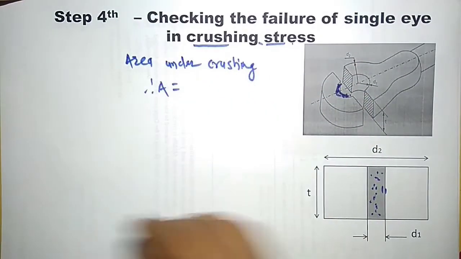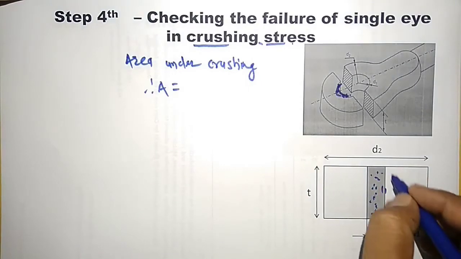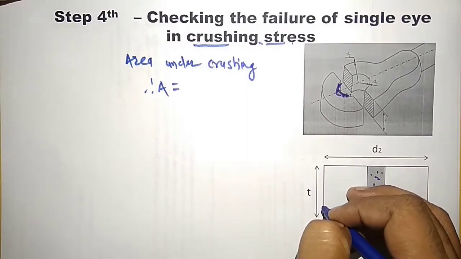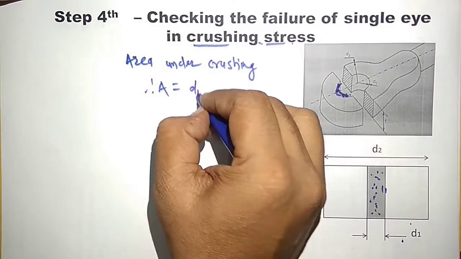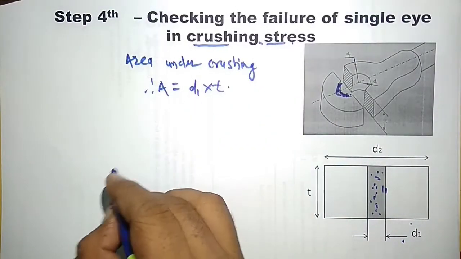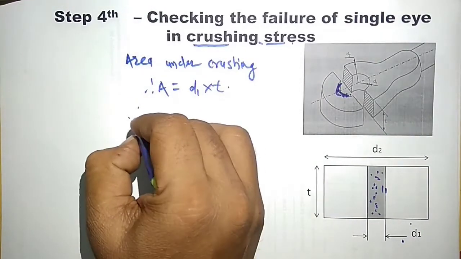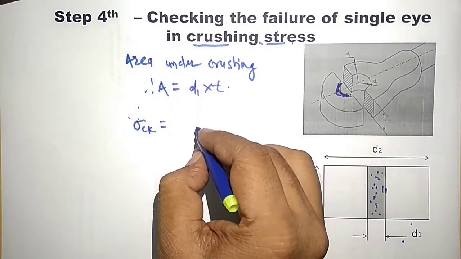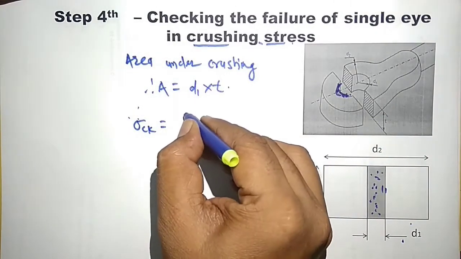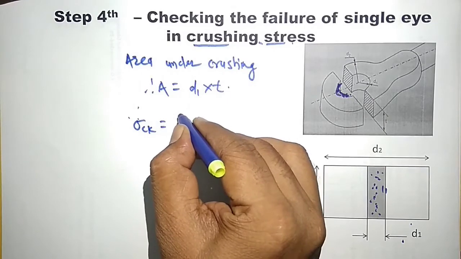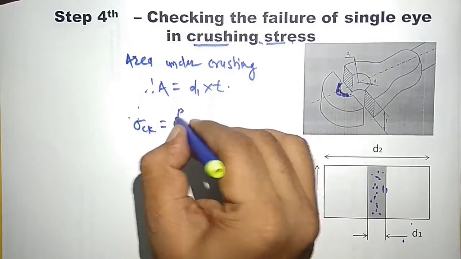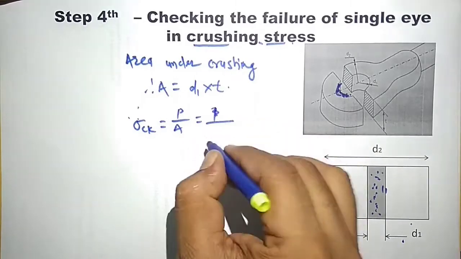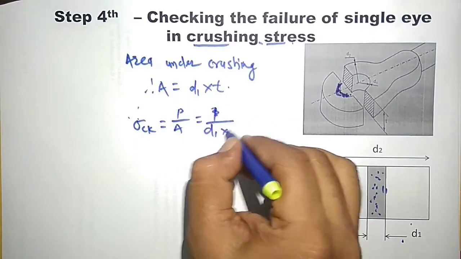Only that much area you have to consider, which is d1 into the height t, means d1 into t only. Therefore sigma ck, the crushing stress, is given by P upon area, and the area is d1 into t.